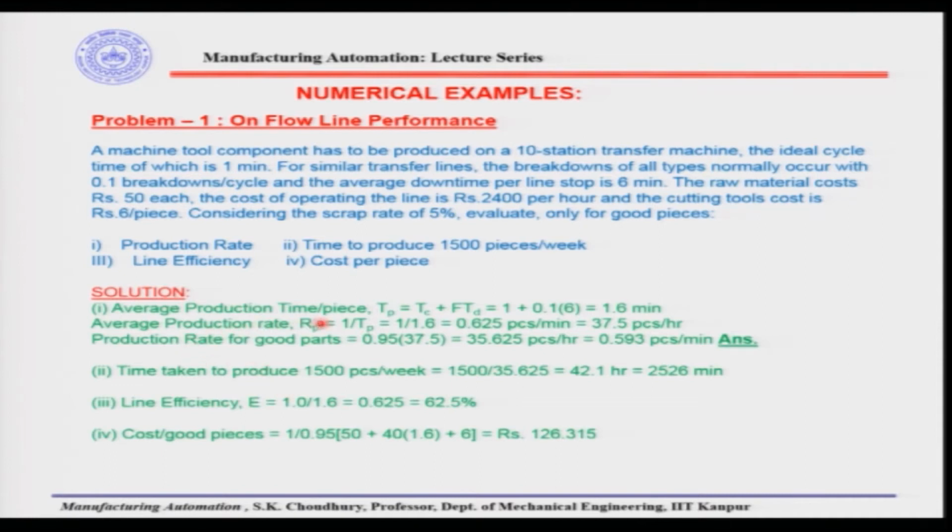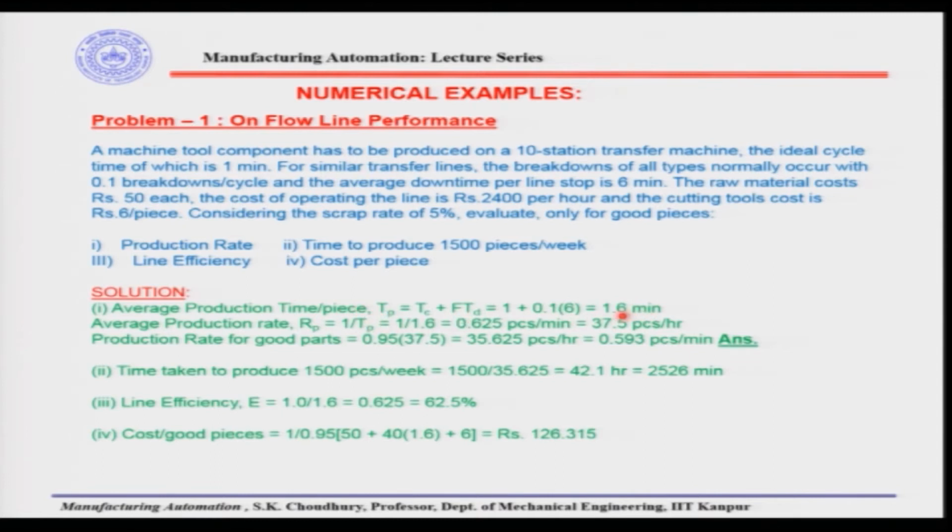Now, let us see the average production time per piece, this Tp. If you remember, that was Tc plus the breakdown effect, and the breakdown effect is the Td, the time taken, times the frequency. Here Tc is given as 1, taking it in minutes, and the frequency is 0.1 breakdowns. The 6 given is the Td. So, 1 plus 0.1 into 6 will be 1.6 minutes, which is the average production time per piece.